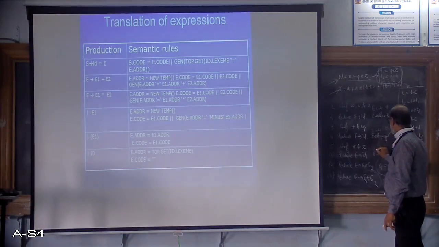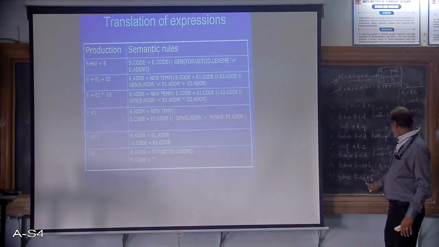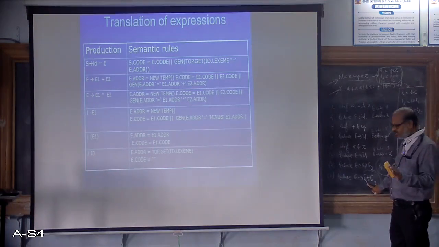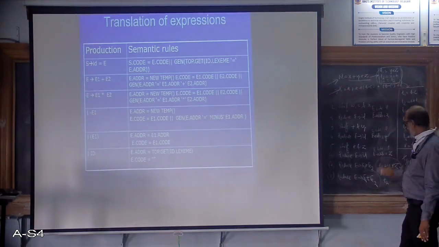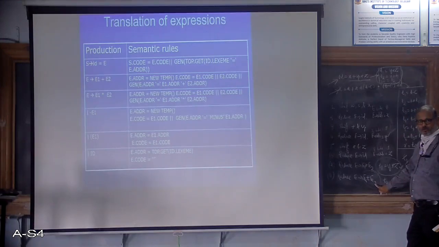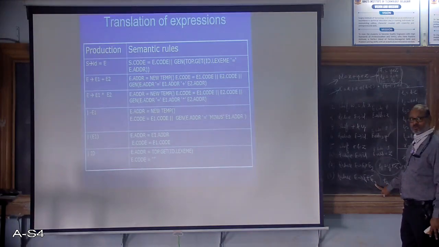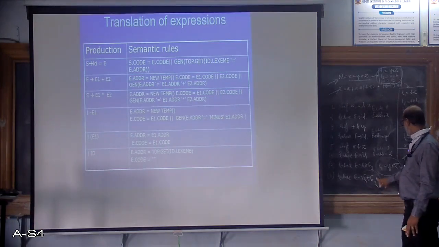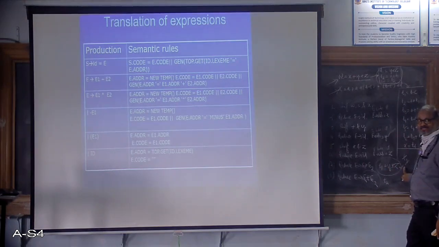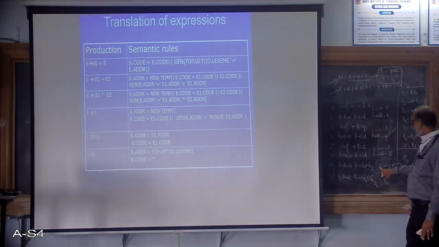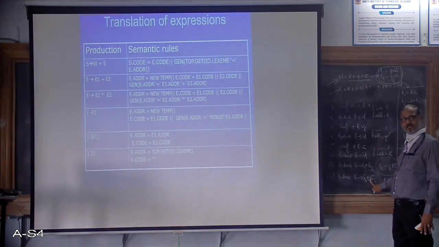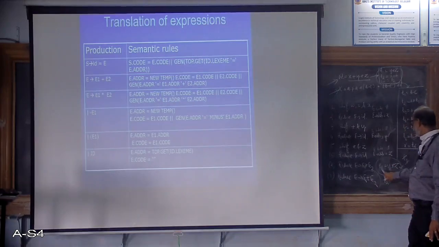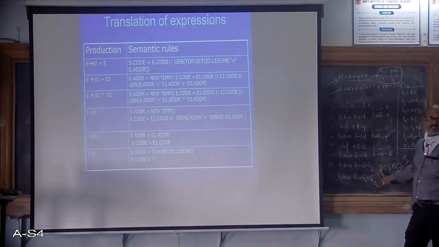Now I have E1 dot code equal to null, but however I have E1 dot address, which is X. Similarly for E2, I have E2 dot code. What is E2 dot code? My E2 dot code is T1 equal to Y into Z. Understood? And my E2 dot address is T1.